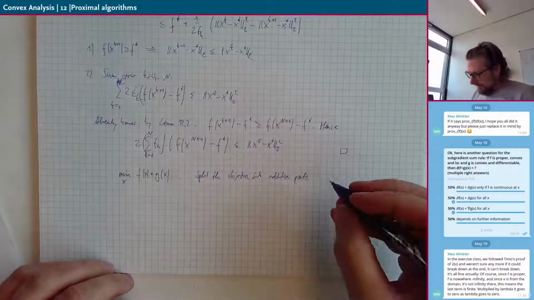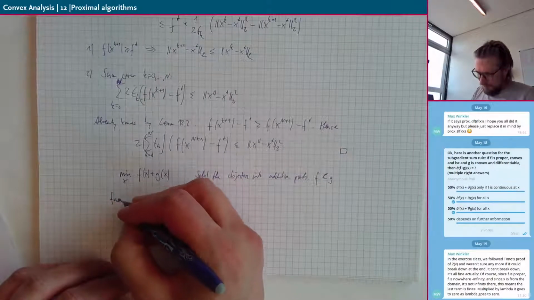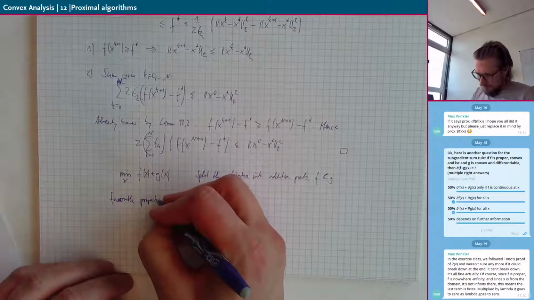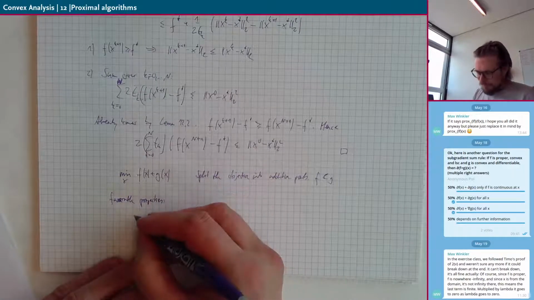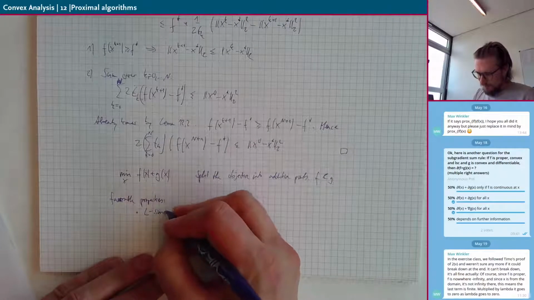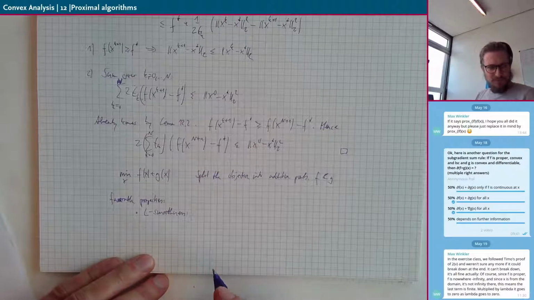Into parts f and g, and then we may have favorable properties of these two parts. For example, one thing we're going to use a lot is L-smoothness. This is a term which is basically used exclusively like this in convex optimization.